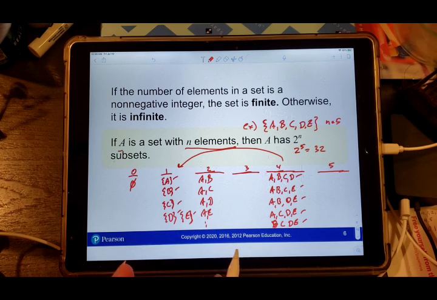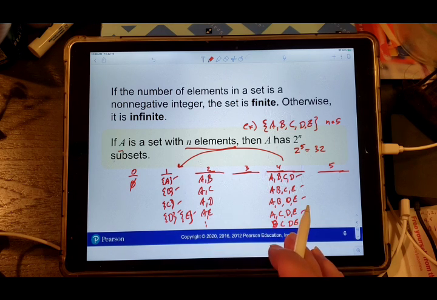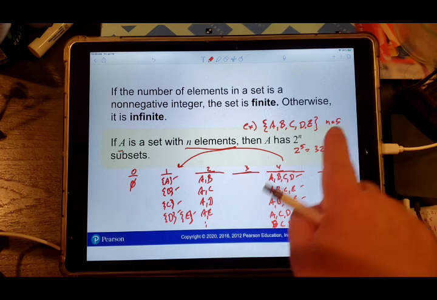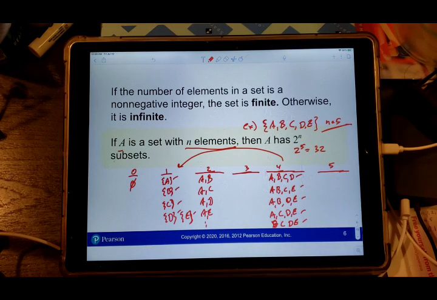So if you ever get into sets, one thing I want you to think of is if you're asked to find subsets of, say, size 4, one way to think about subsets of size 4 is by thinking about what we call the complement. If you pick a subset of size 4, what you're really doing is leaving one term out, if you have 5 terms.